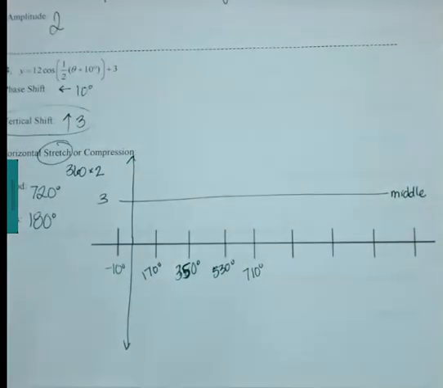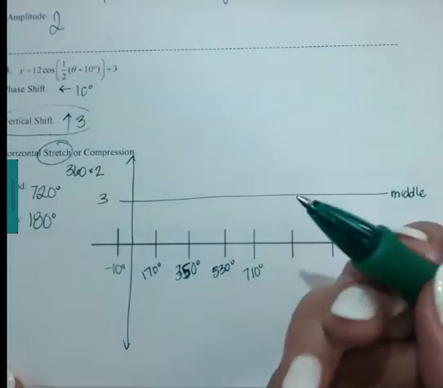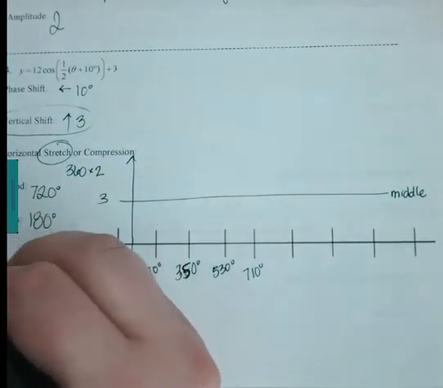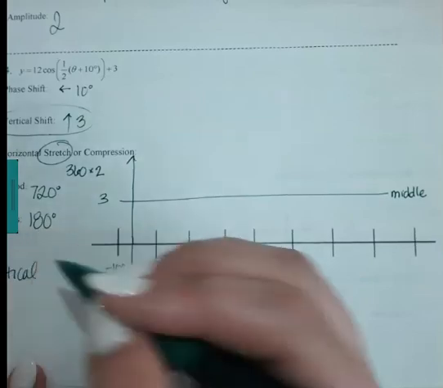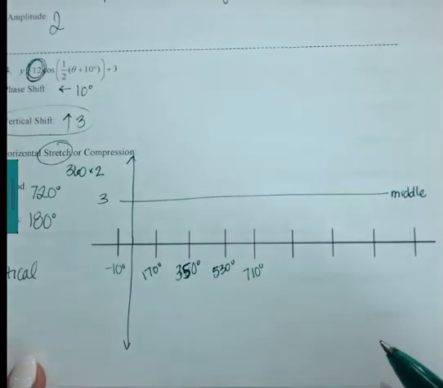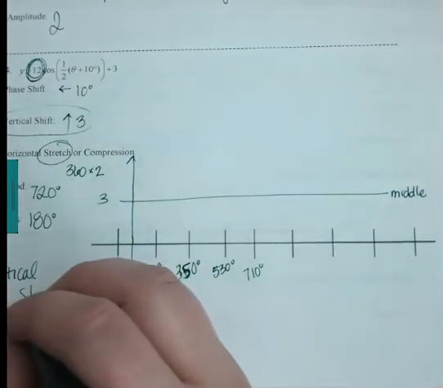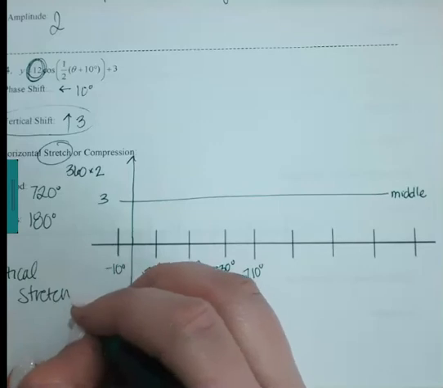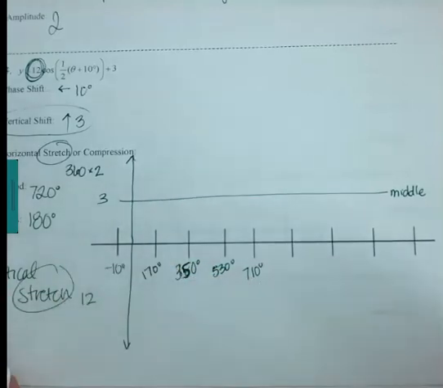And then I'm going up or down, how many because of my stretch? Okay, and it's not written here, but my vertical, is it a stretch or a compression if there's a 12 in the front? A stretch of 12. So if I start at 3 and I go up 12, where does that put me at?